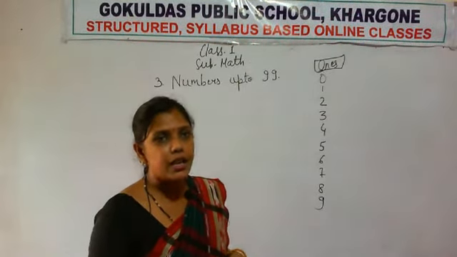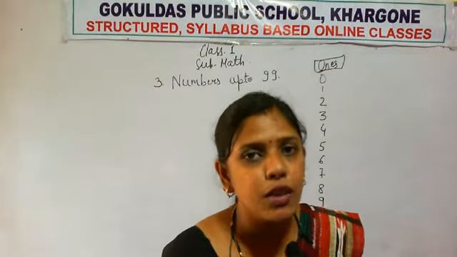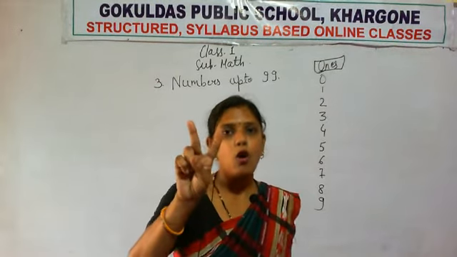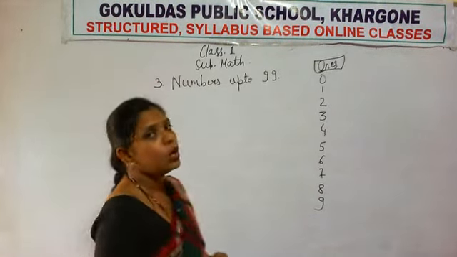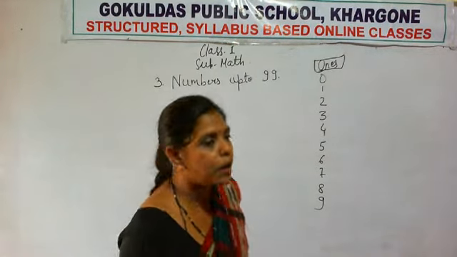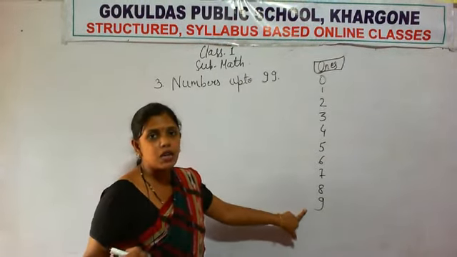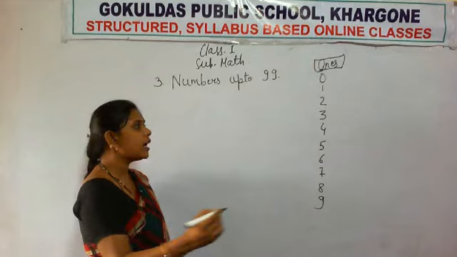And when we write these single digits, if we are using 2 digits to form a number, then those numbers are known as 2 digit numbers. For example, after 9, which number will come? 1, 0, 10.